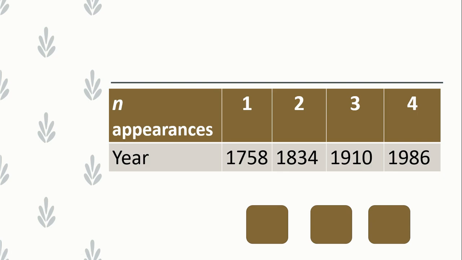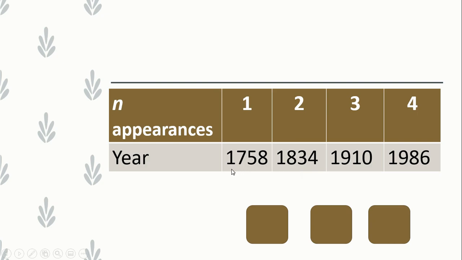Can you identify the first two consecutive terms in the sequence? Those are 1758 and 1834. So, we need to solve for their difference. We let the nth term be the second term, which is 1834. What is its previous term?